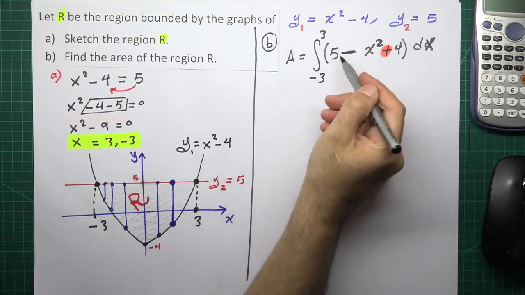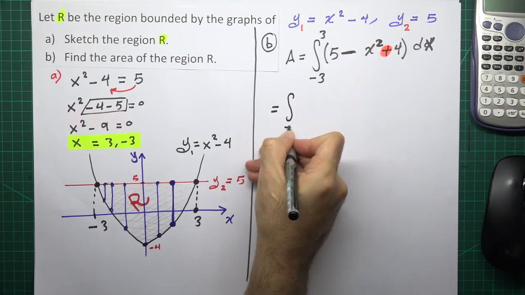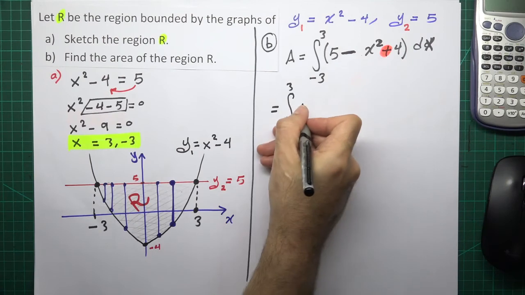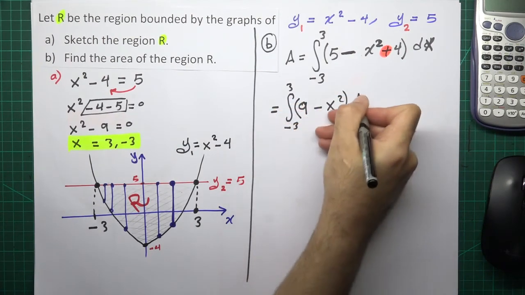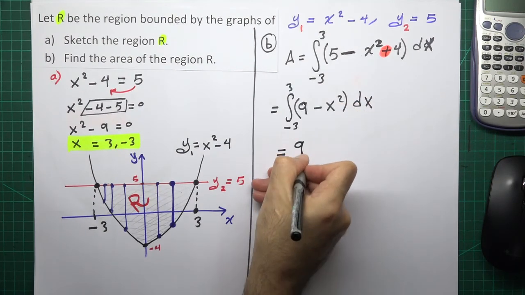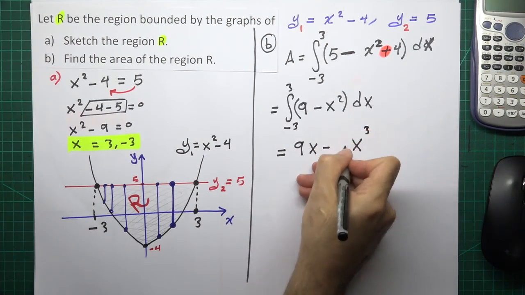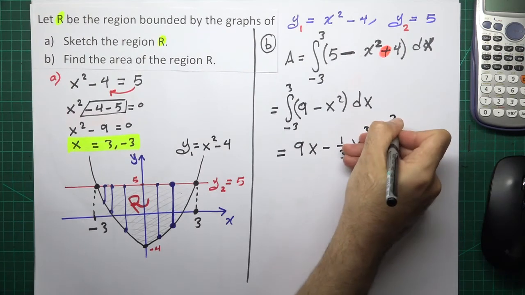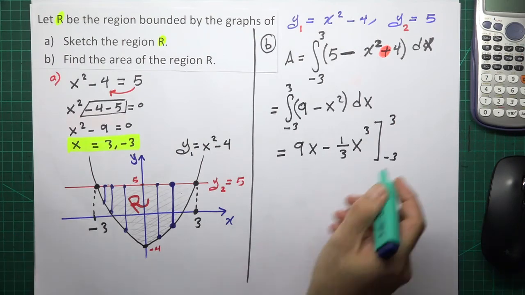Now students, I will combine 5 and 4: 5 plus 4 is 9, minus x squared, dx. The integral will be 9x minus one third x cubed, from minus 3 to 3. Now students, I will plug in, substitute, the way you like.